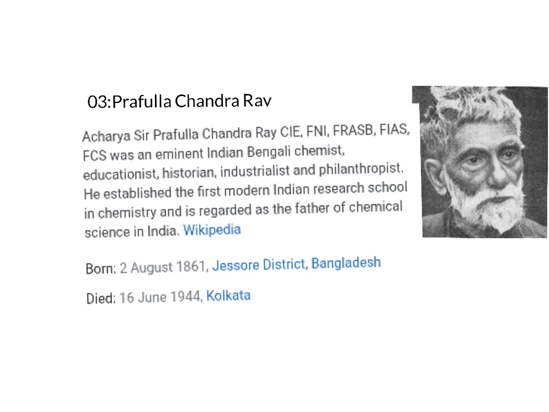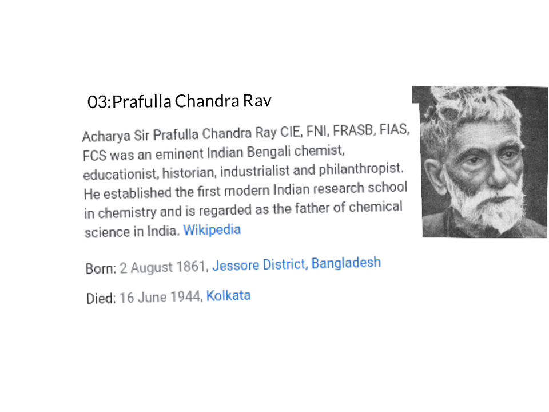Okay, third one is Prafulla Chandra Roy. So Acharya Prafulla Chandra Roy was an eminent, what is the meaning of eminent? Famous and respected within a particular sphere. Okay, so that is called eminent. So Acharya Prafulla Chandra Roy was an eminent Indian Bengali chemist, historian, industrialist, and philanthropist.